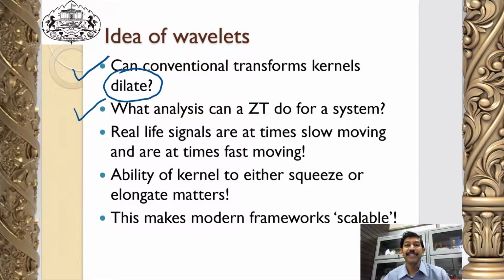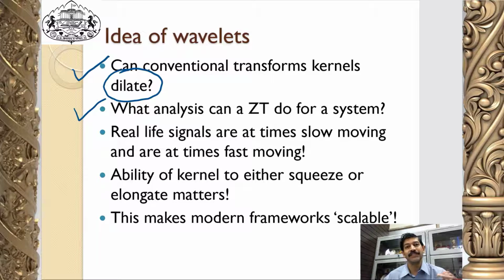So we saw the ability of the Z transform to do so many things with the system. The Z transform can tell us whether my system is stable, and how to make my system fast by placing zeros inside the unit circle and making my phase minimum phase. The Z transform can also make sure that my system is rational.